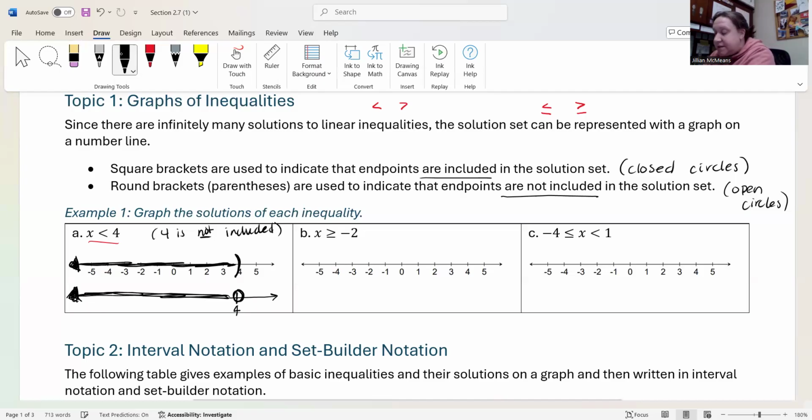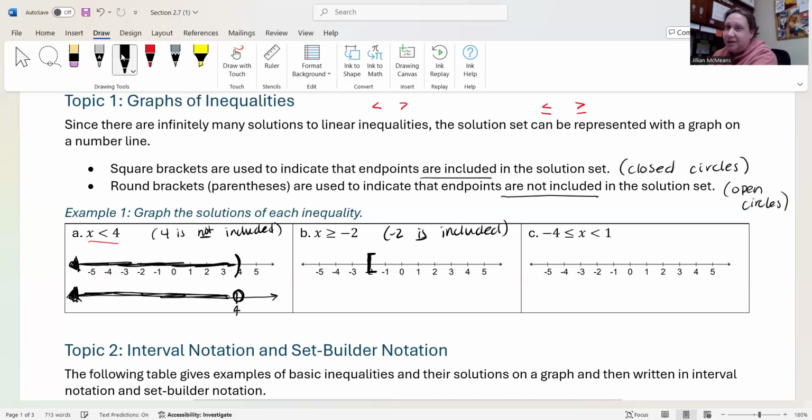All right. Next up, part B, we have x is greater than or equal to -2. So our endpoint here is -2, and we have that x is greater than -2 or equal to it. So in this case, -2 is included. So at -2, I want to use a square bracket. You have to be very clear with whether you have a rounded bracket or a square bracket here.